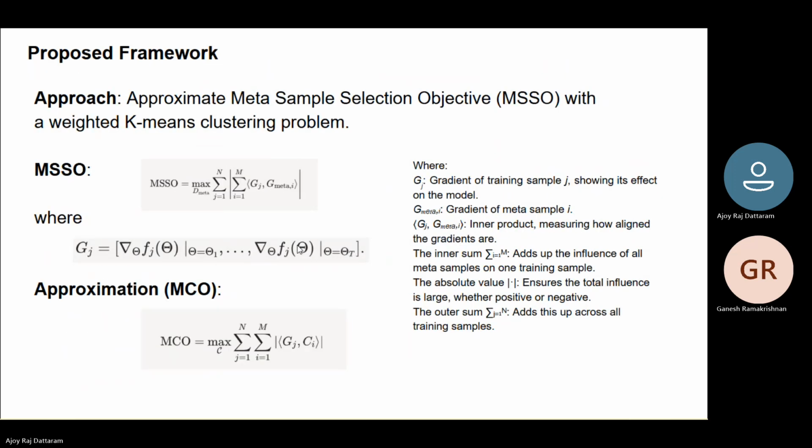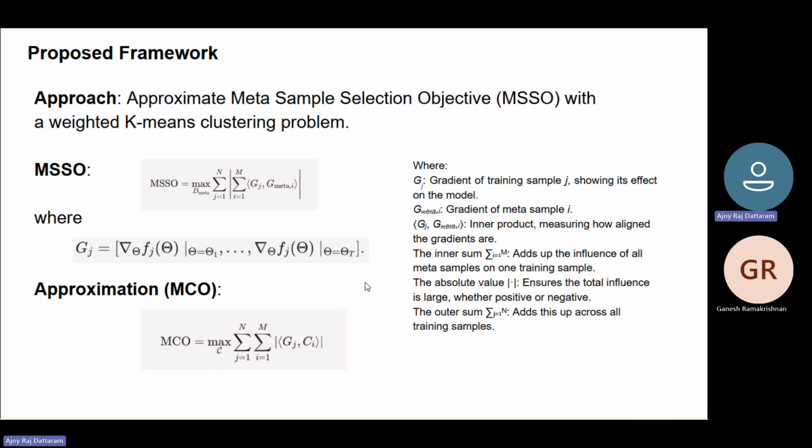After approximation of MSSO, we get MCO.